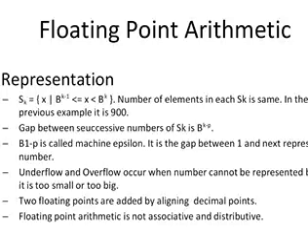In the previous example it is 900. The gap between successive numbers of Sk is b to the k minus p. Two floating point numbers are added by aligning decimal points. Floating point arithmetic is not associative and distributive.